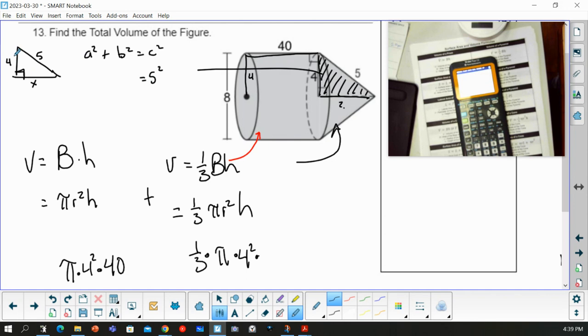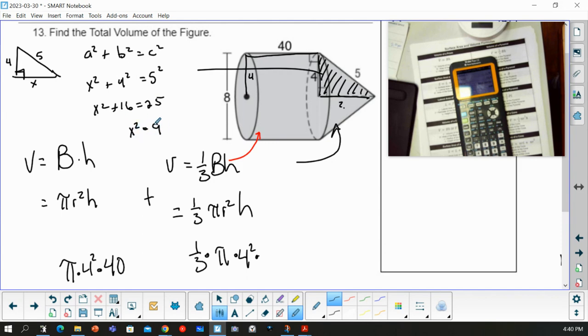The a and the b are the two legs of the right triangle, the x and the 4. It doesn't matter the order. 4 squared is 16, so I have x squared plus 16 equals 5 squared, which is 25. If I subtract 16 from both sides, I'm left with x squared equals 25 minus 16, which is 9.